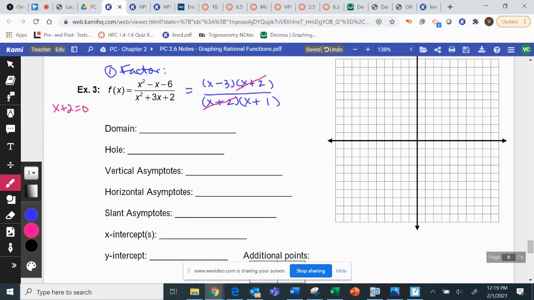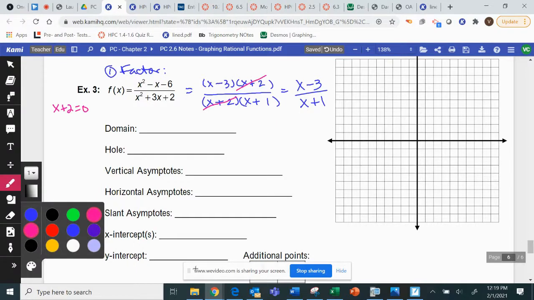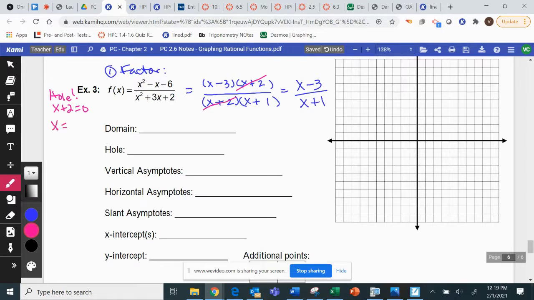I'm going to put that over there for a moment and come back to that. After I cancel out the x plus 2, my new function is x minus 3 over x plus 1. If we cancel out the x plus 2, there will be a hole. The x value of that hole is -2. A hole is an ordered pair.